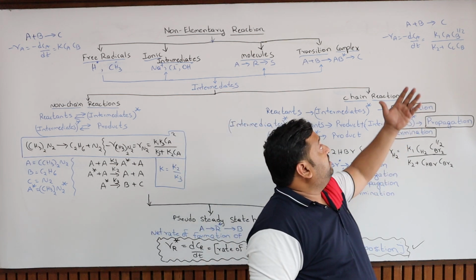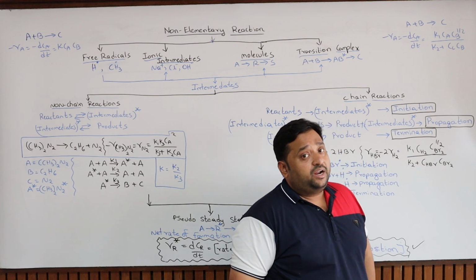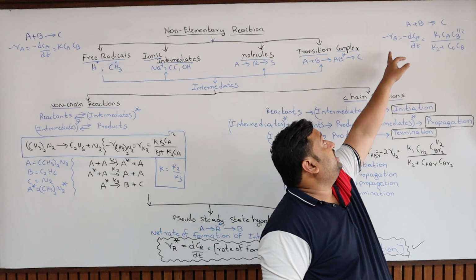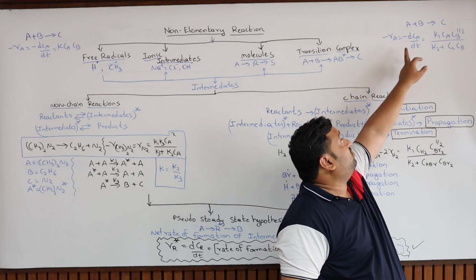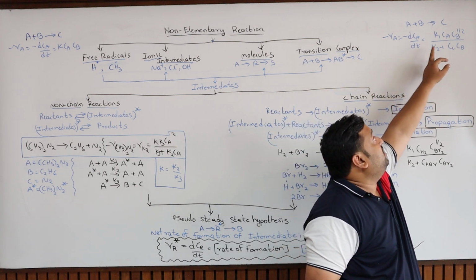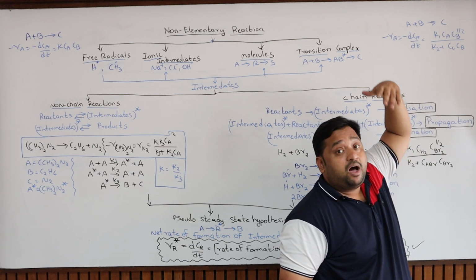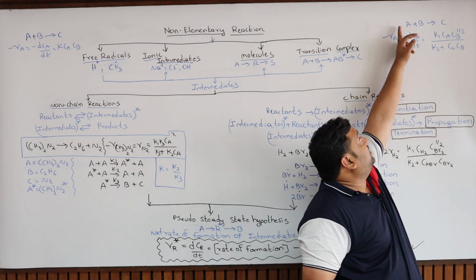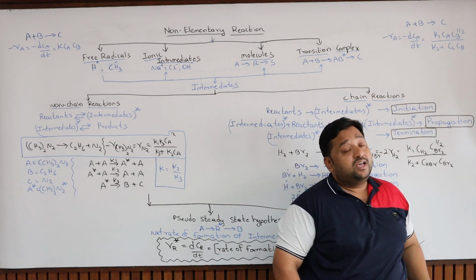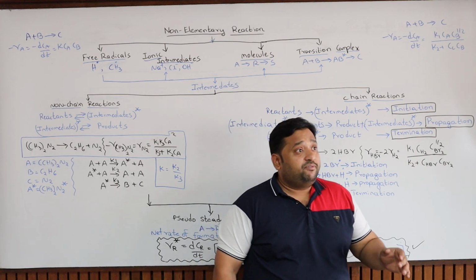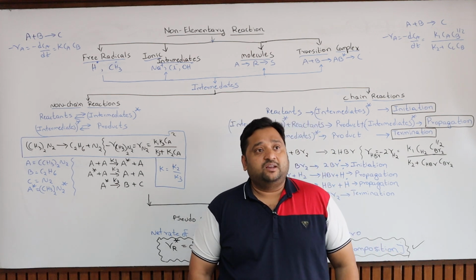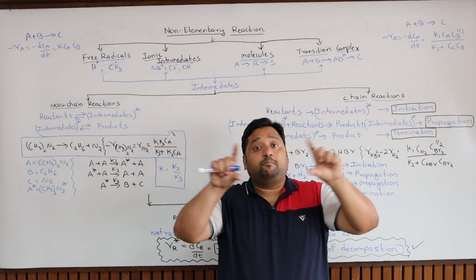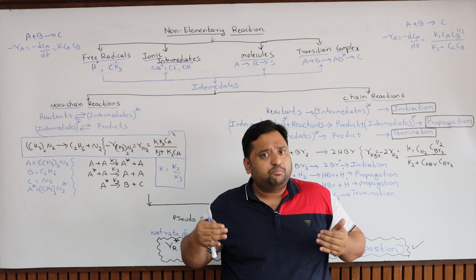For example, if the rate expression does not match the stoichiometric coefficients, then you can presume that the reaction will not happen in a single step; there might be multiple steps.